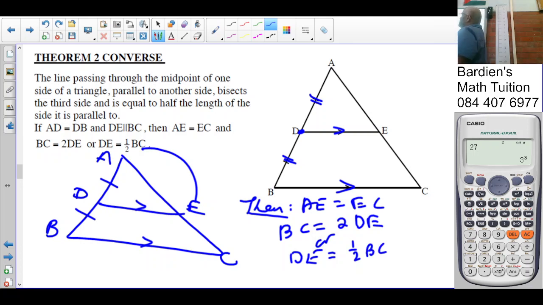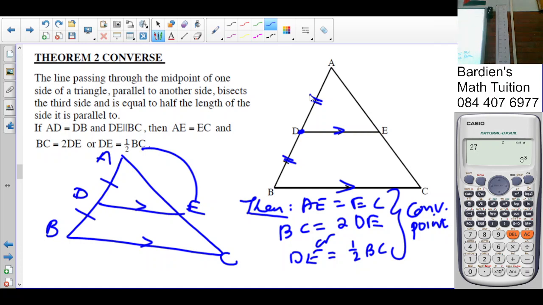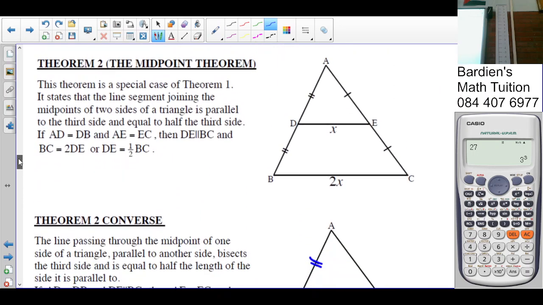And if you use this, people, your diagram looks like this. Your reason here is the converse of the midpoint theorem. If you use the previous, Theorem 1, your reason here is the midpoint theorem.